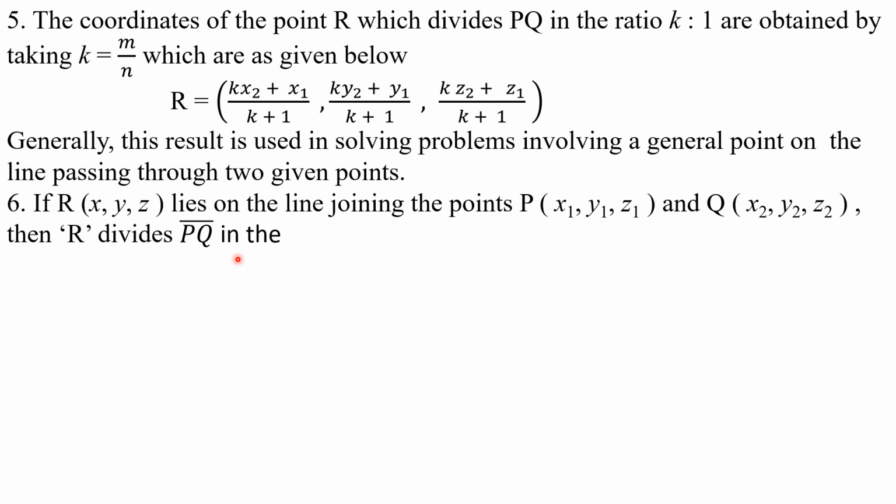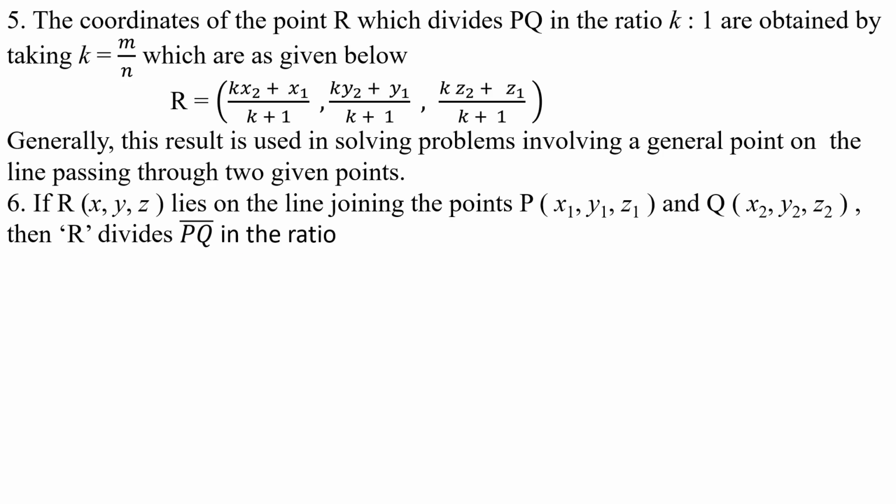Then R divides the line segment PQ in the ratio. Then we find the ratio. Here the ratio is not given. 3 points are given. Now we find the ratio in which the point R divides the line segment PQ.